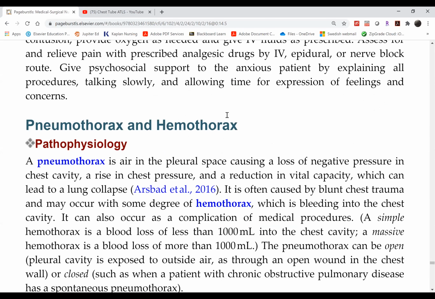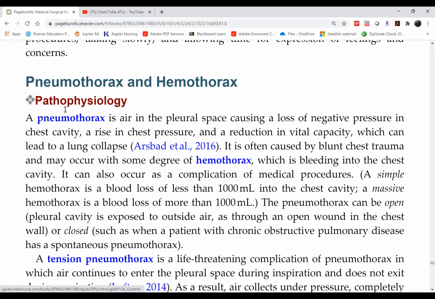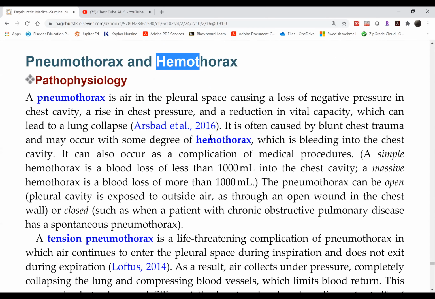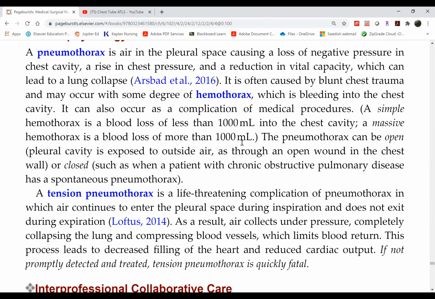Let's go down to pneumo and hemo. This is the presence of air, pneumo, and this is the presence of blood in the pleural space. So this is not inside the lung per se, although there will be pulmonary contusion as well, because in order to puncture the lung, of course, you injure the lung.